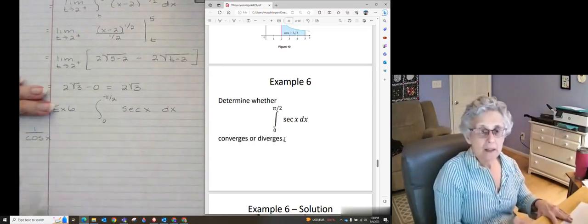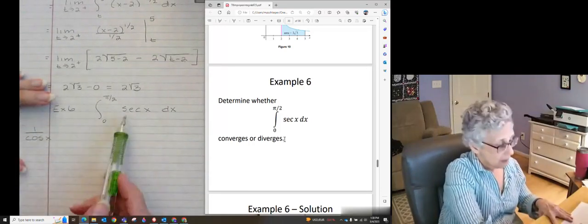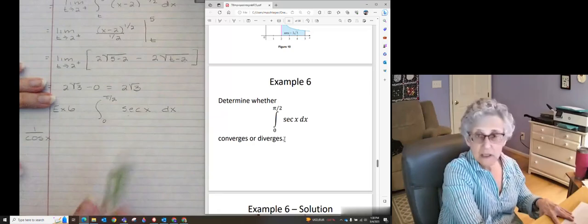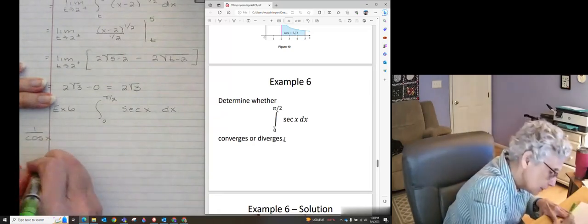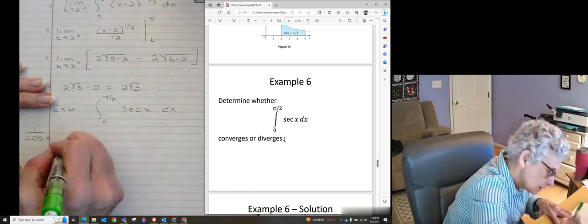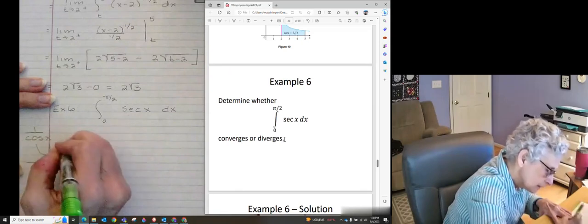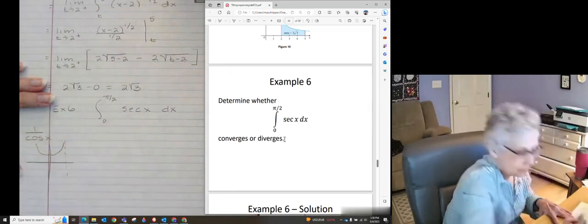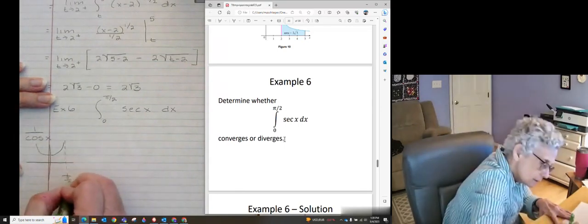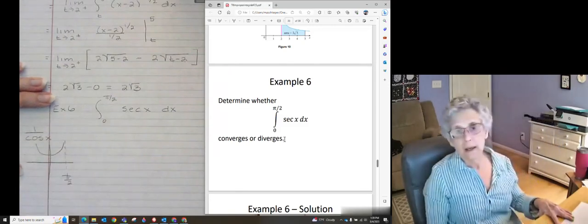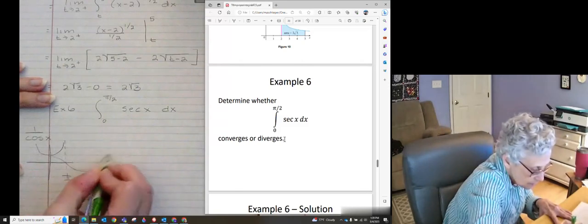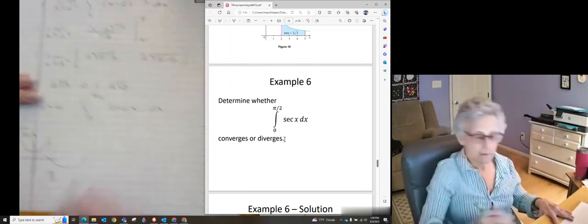So my bad guy is not 0 because I can plug 0 in there, but at pi halves, secant has a vertical asymptote. Secant kind of looks like a parabola, but it's shooting off towards infinity right there at pi halves, because cosine is equal to 0 there at pi halves.